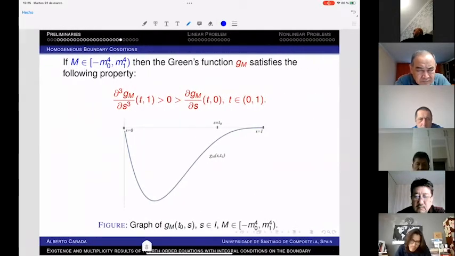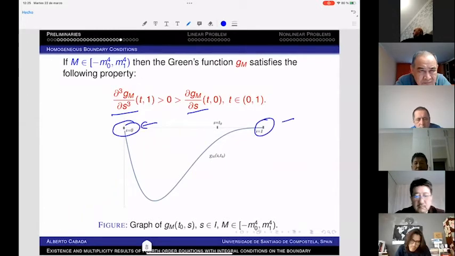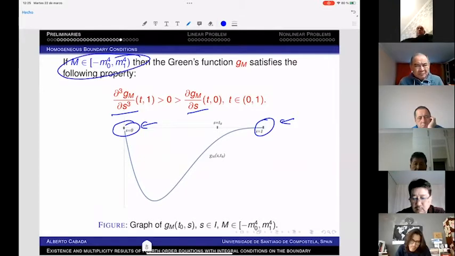And when we are with s, we have a similar one. But these properties hold when it is negative. This is not a general property. This is a property valid only when we have constant sign.